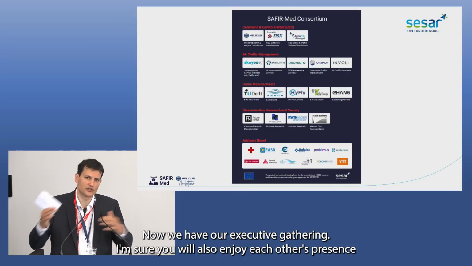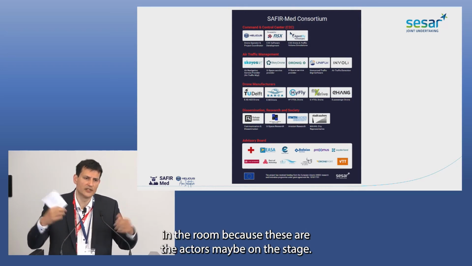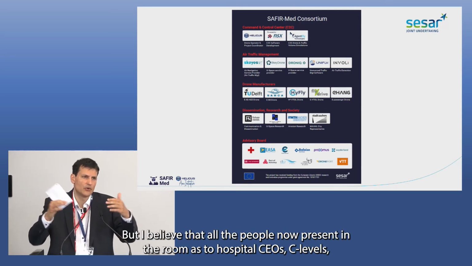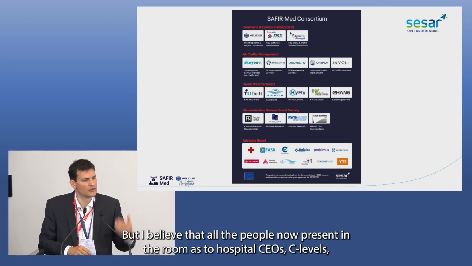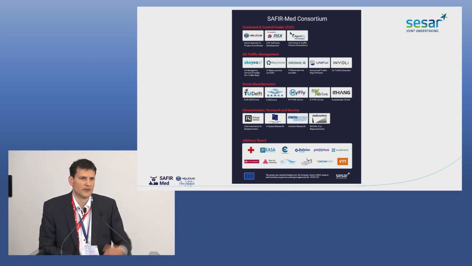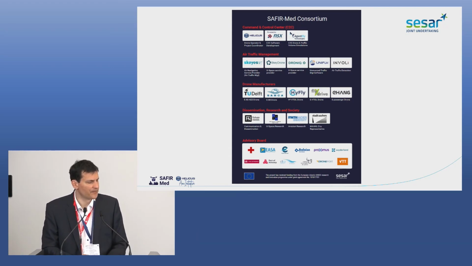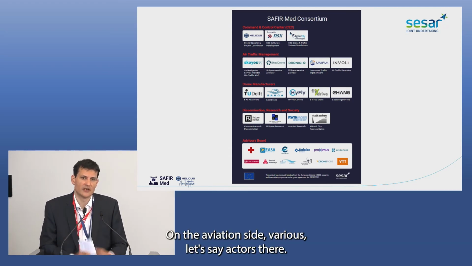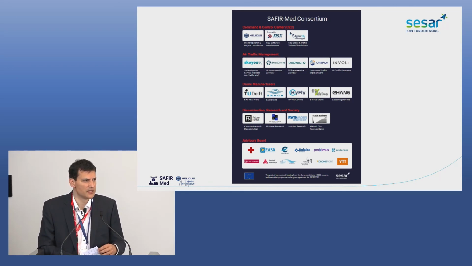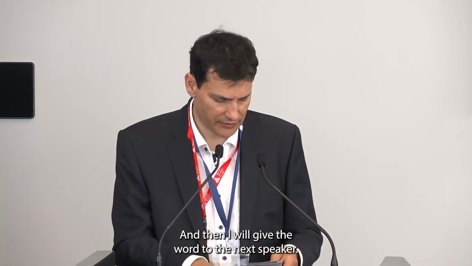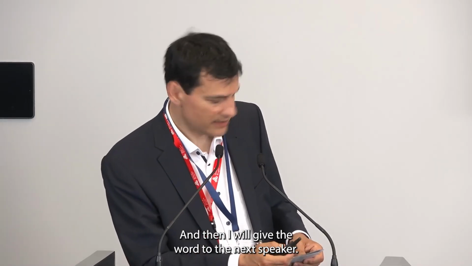I'm sure you will enjoy each other's presence in the room, because these are the actors maybe on the stage, but all the people present in the room include hospital CEOs, C-levels, pharma and medtech partners, and various actors on the aviation side. So please enjoy being together, exchange ideas, and then I will give the word to the next speaker.